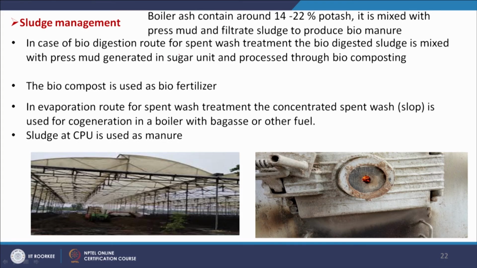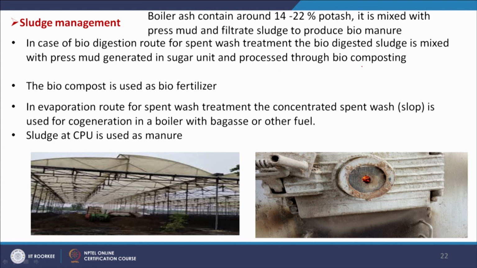Then we are coming to sludge management. In the CPU unit we have some sludge that is used after dewatering for bio-manure production. In case of the biodigestion route for spent waste treatment, the biodigested sludge is mixed with press mud generated in the sugar unit and processed through biocomposting.